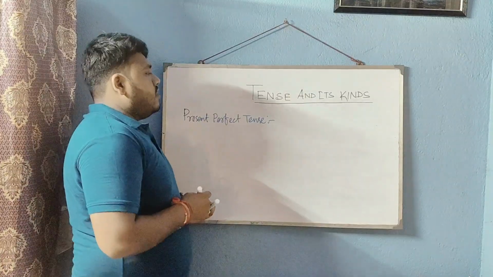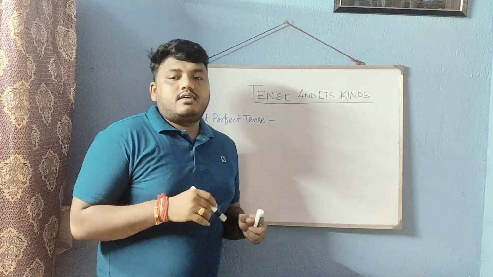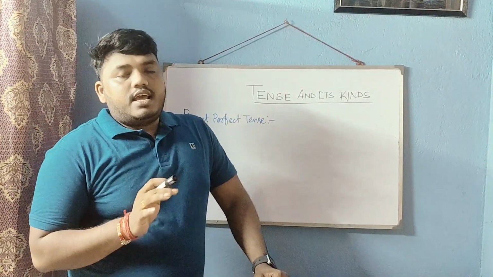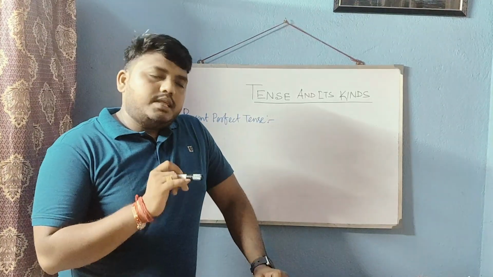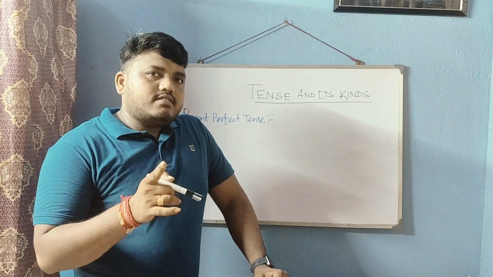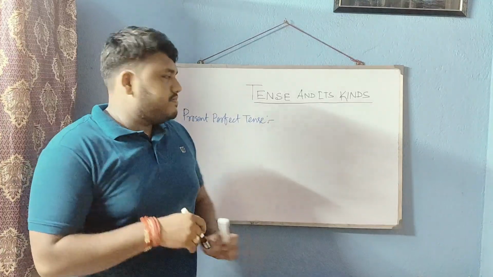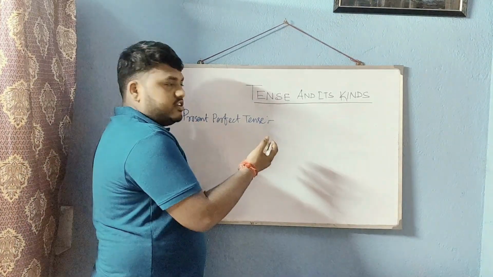So present perfect tense denotes an action that has just been accomplished in the present, but its result lasts. I'm writing the definition.